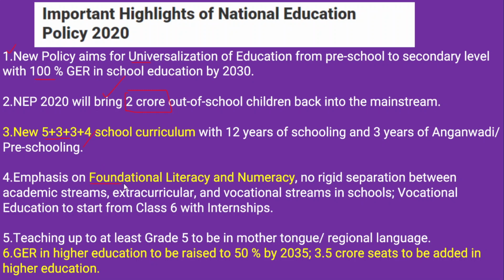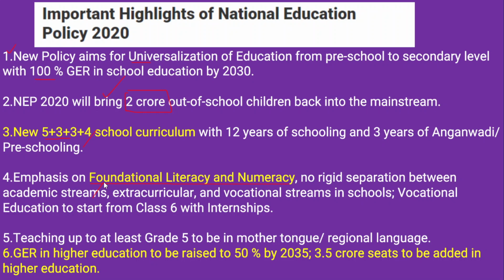After that, emphasis will be placed on foundational literacy and numeracy. This is very, very important: foundational literacy and numeracy of every child is important to improve the learning outcomes of every student. There will be no strict separation of academic streams, and vocational education will be emphasized more.